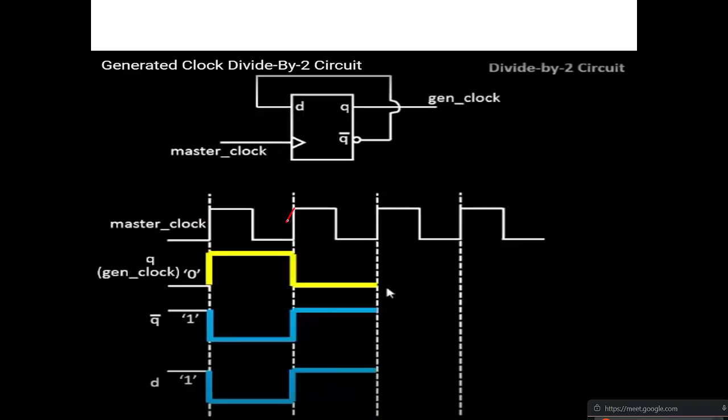During the next clock edge, Q becomes 0, Q bar becomes 1, and again through feedback D will be 1.